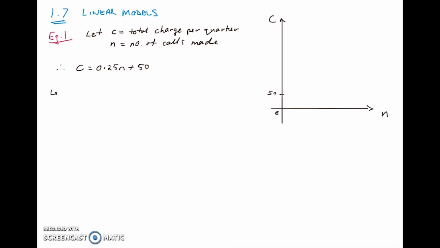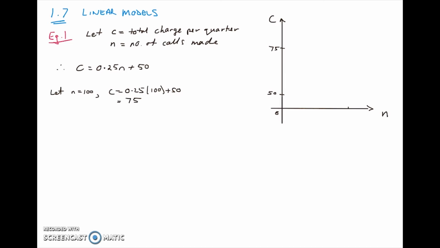Because it's a straight line, all we need is one other point. So let's say let n equal 100 and then work out what C will be. C equals 0.25 times 100 plus 50, and that comes to 75. So we know that when the number of calls is 100, the charge is $75.